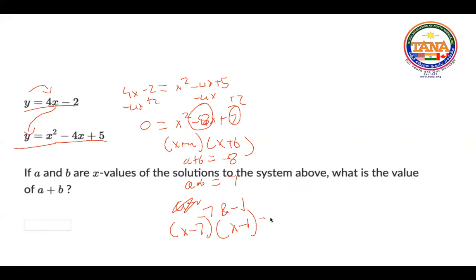Because this entire equation is equal to 0, if either one of these is equal to 0, the whole equation is equal to 0. So you can just say x minus 7 is 0 and x minus 1 is 0. After that, you solve for x. So x equals 7, x equals 1. Because you're trying to find what a plus b is, and a and b are both x values, you just do 7 plus 1, so you get 8. Do you get it this time, or is there still something bugging you about this problem?